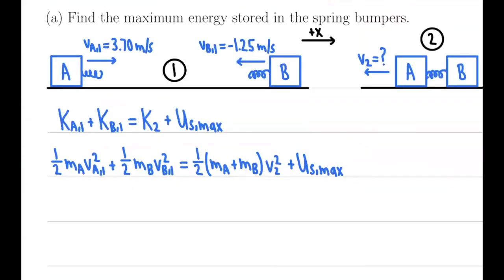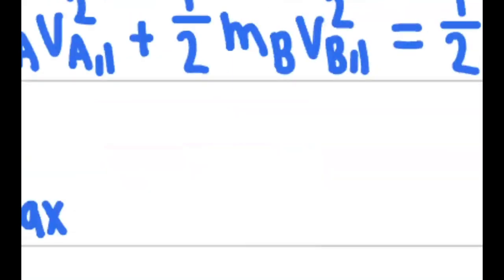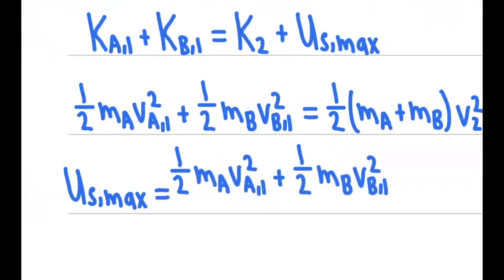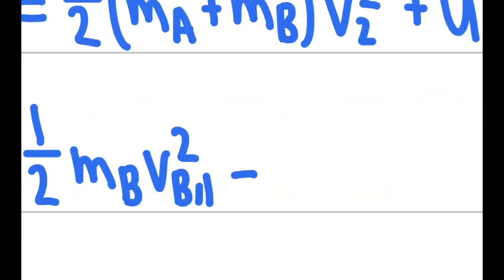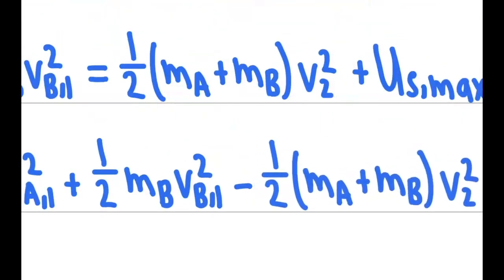To find U_S max, I just have to subtract this term from both sides. So you get U_S max equals all of this right here minus K2, this right here.